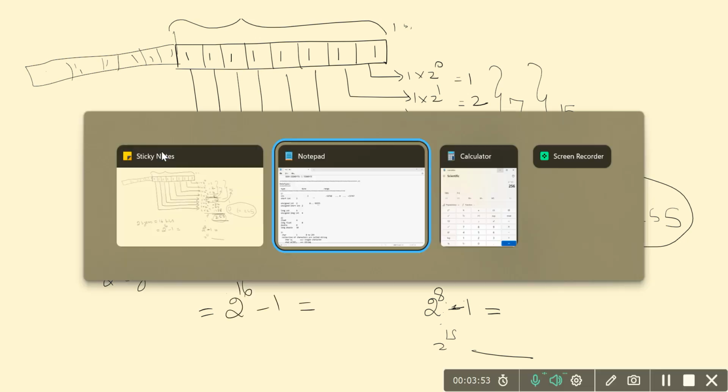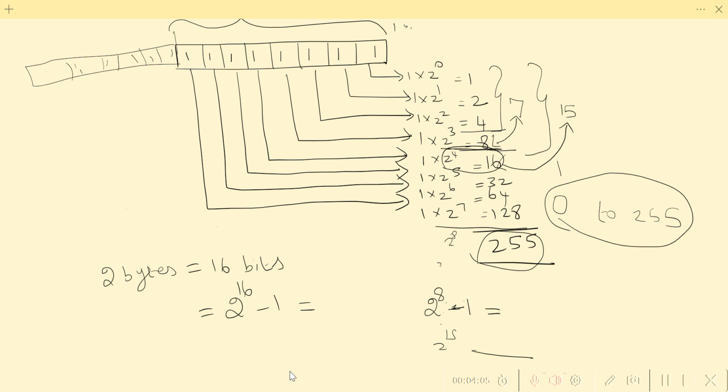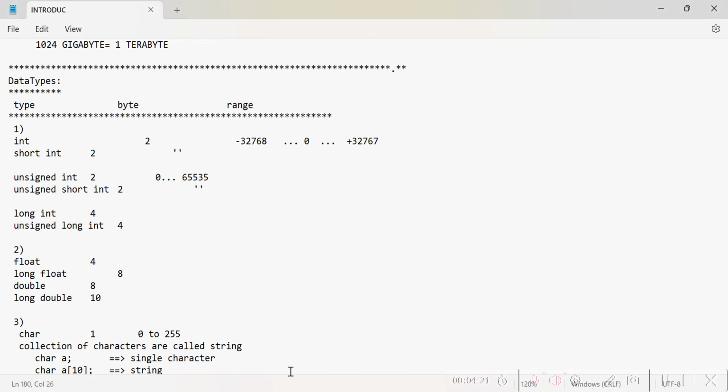So 2 to the power of 16 is equal to 65,536. This is the range. 65,536 minus 1 equals 65,535. That is the range.